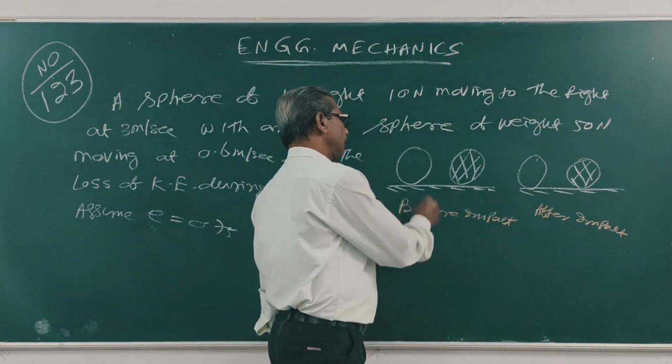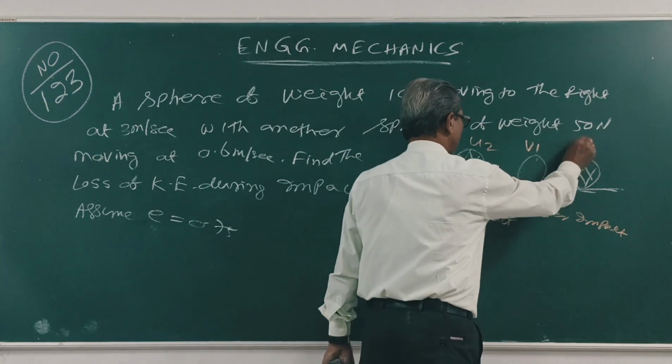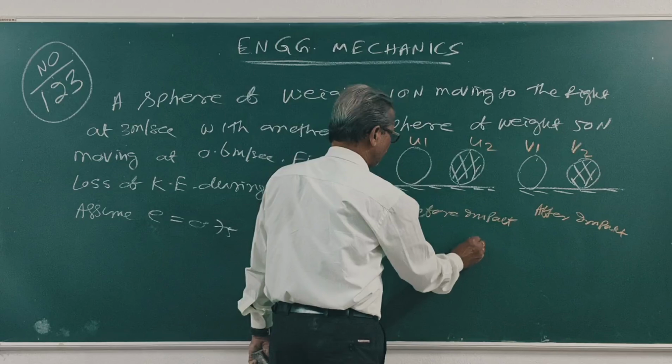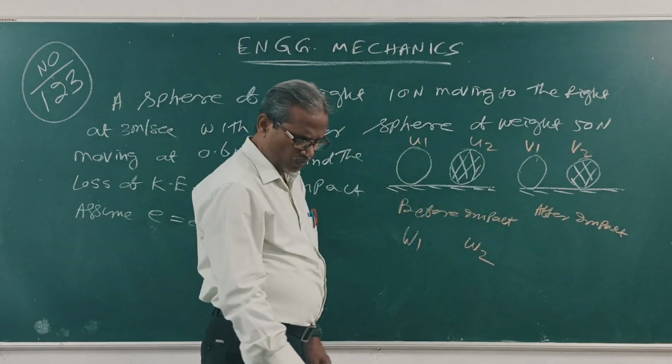So U1, U2, V1, V2, double 1, double 2. Clear? Now come to the question.